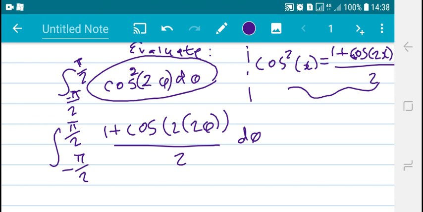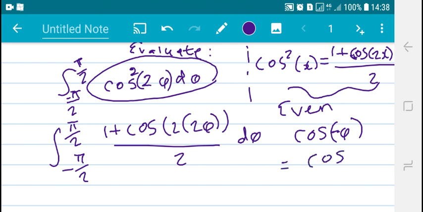That is to say that if I take cosine of negative theta, I get cosine of theta. So inputting a negative value gives us the same thing as if we inputted a positive value. That's what an even function means.